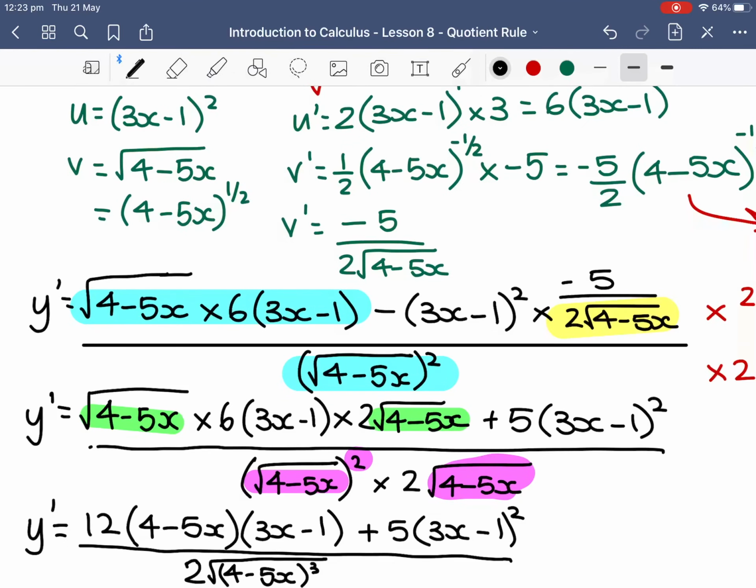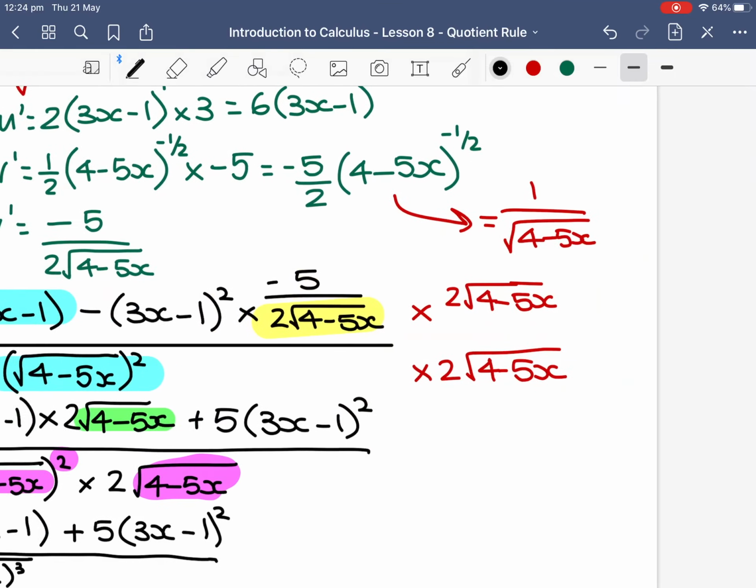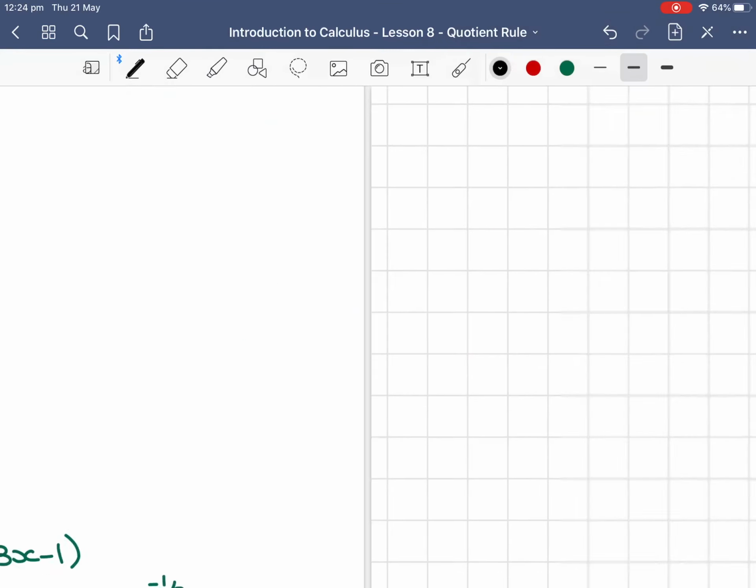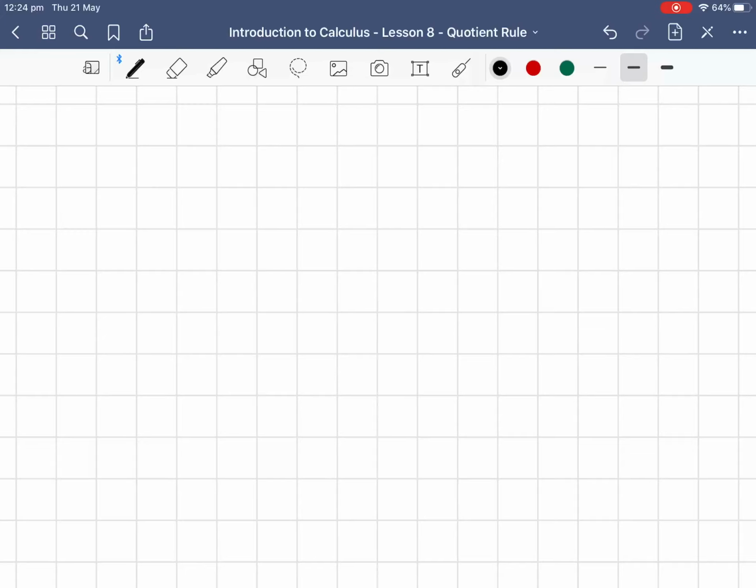Okay. So moving on, we need to now expand our top, and then our denominator will stay the same as that. So I'm just going to go to a new page.